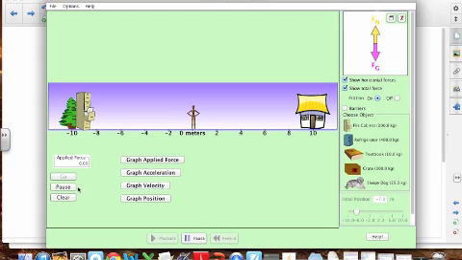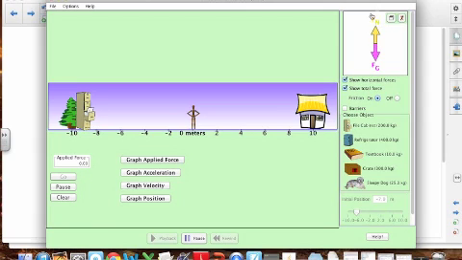Now here's another example of forces at work. We've got a little man over here, and he's going to be pushing this file cabinet. Now I want you to pay close attention to what's happening over here, because this is a live force diagram. This force diagram is for the file cabinet. You can see that the force of gravity is in purple, pointing down.